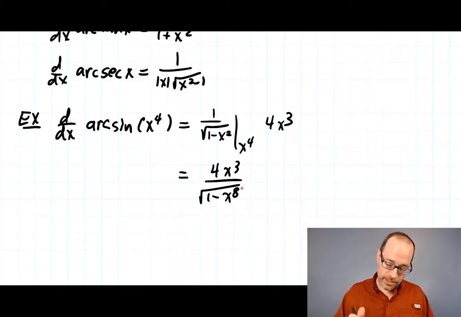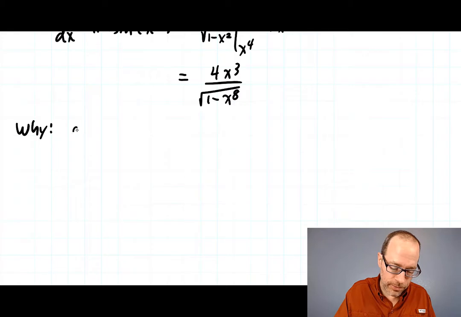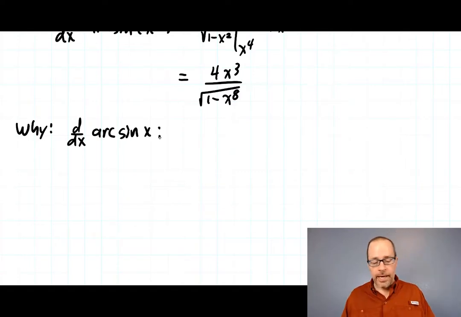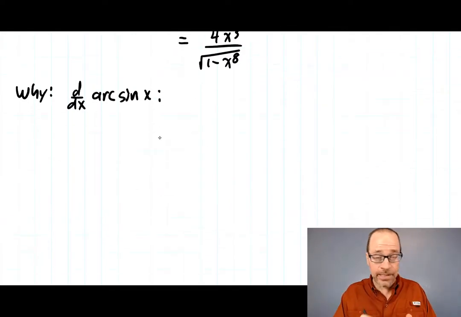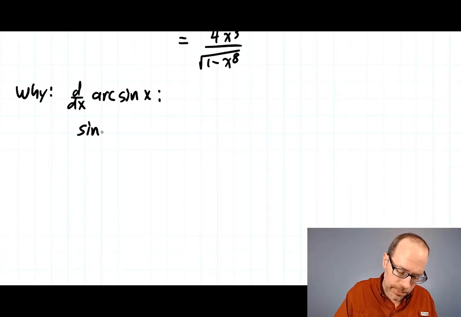All right, so why does this work? Well, let's figure out what's going on for the derivative of the arc sine. And it really all goes back to the fact that the arc sine is the inverse function for the sine. So what that means is the sine of the arc sine of x is back to x.